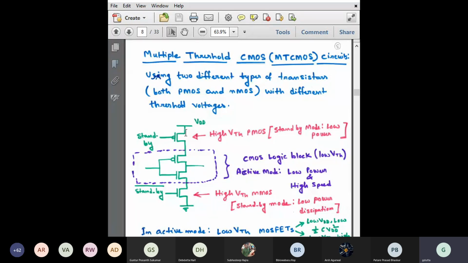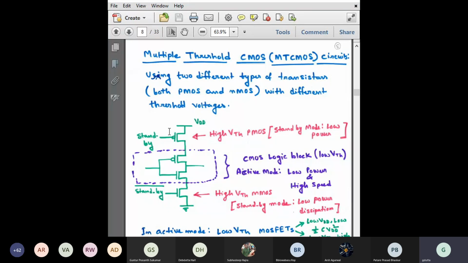Now you can see we have two more transistors guarding this, one above and one below. The above one is PMOS, the bottom one is NMOS. These are the transistors where we have used the high threshold voltage. So these are high threshold voltage PMOS, and these are also high threshold voltage NMOS, right?